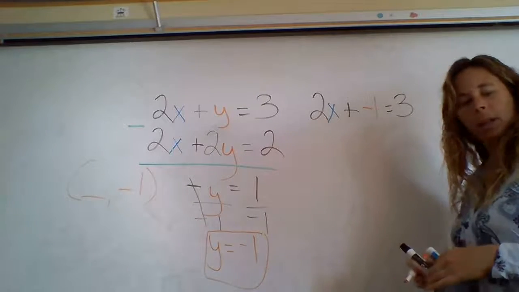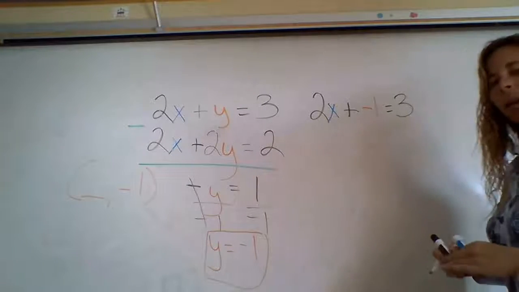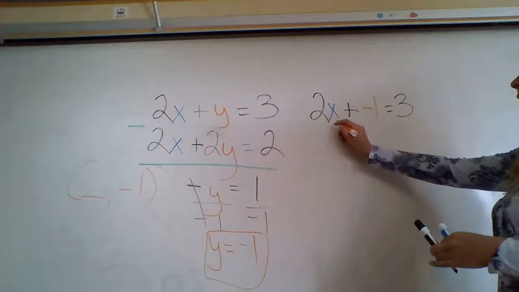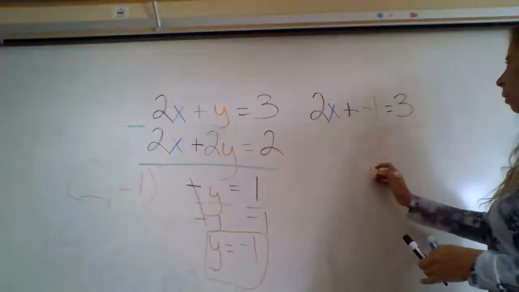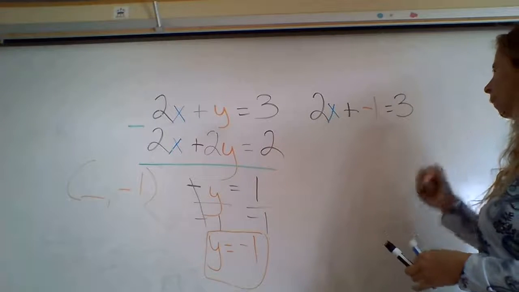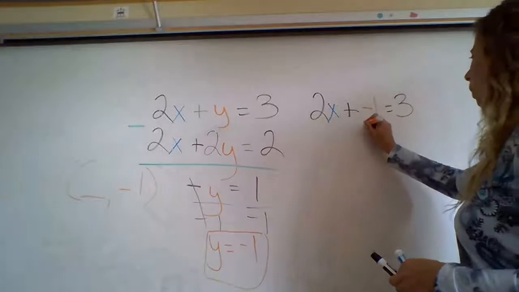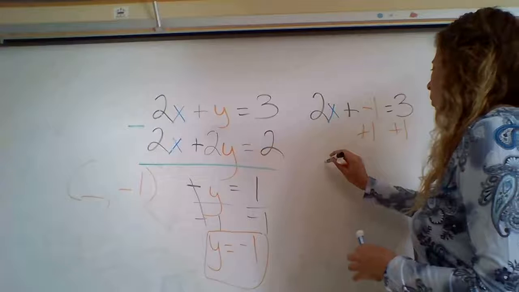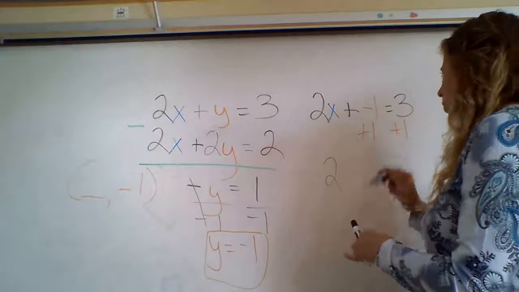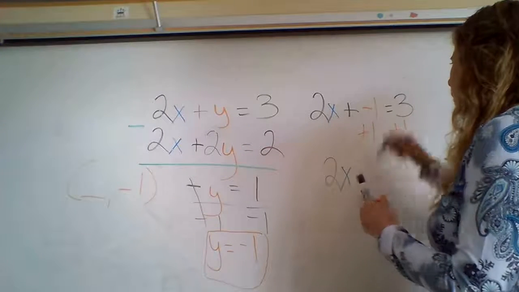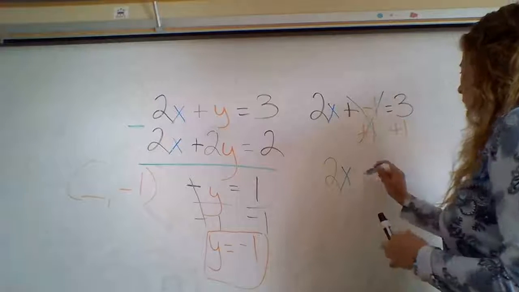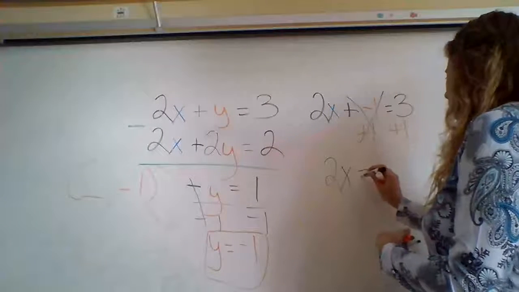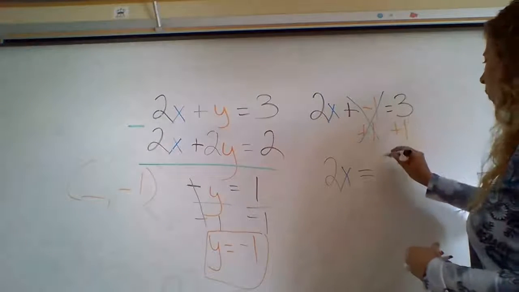So we are solving for x. The first thing I'm going to do is add 1 to both sides to get rid of this negative 1. That gives me 2x, and this is now gone. 3 plus 1 is 4.